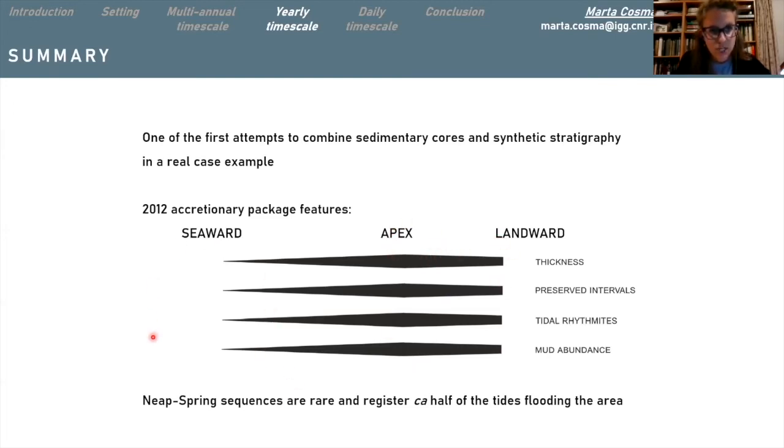Whereas in the seaward side, there are thinner deposits and fewer tidal rhythmites and less mud. And this is probably related to the more frequent erosion and bypass processes toward the seaward side, while more depositional processes occur in the apex and landward side.